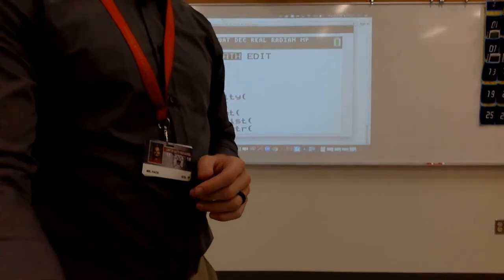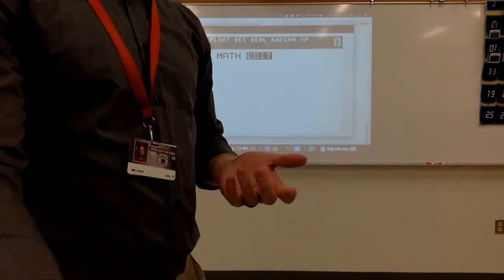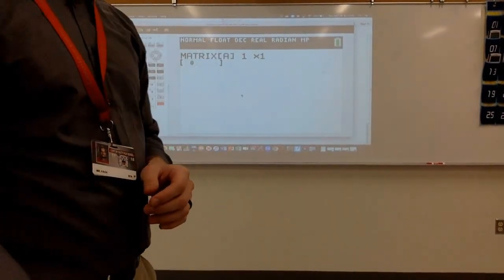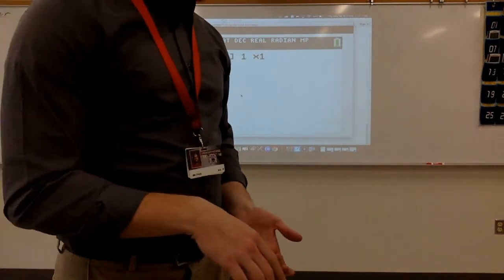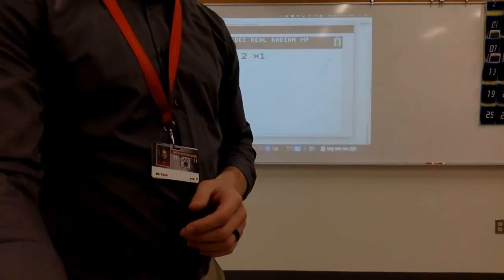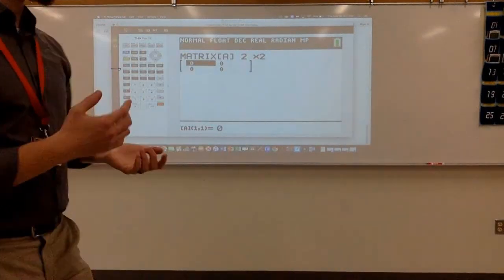So I'm going to go over to edit, and I'll just edit the first one. I'll hit enter on A, and it asks me what dimensions I want my matrix to be. The first one here is a 2 by 2, so I'm going to do 2, enter 2. It gives me a 2 by 2 matrix.